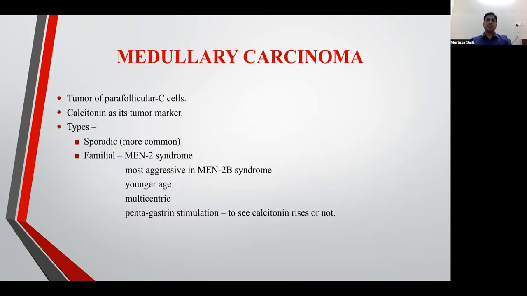Now, medullary carcinoma of the thyroid. Here, it is a tumor of parafollicular cells, C cells, with calcitonin as its tumor marker. Types: sporadic, more common, and familial, which is associated with MEN-2 syndrome. It's most common and most aggressive in MEN-2B syndrome.